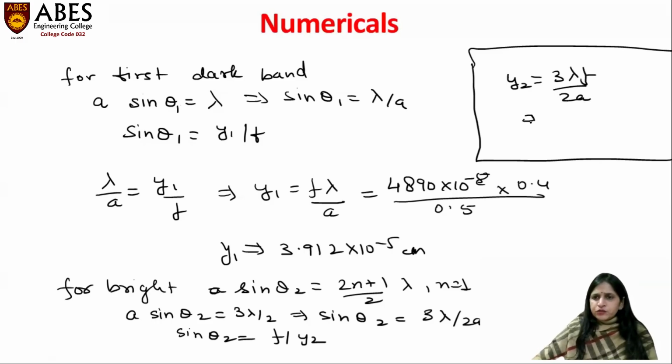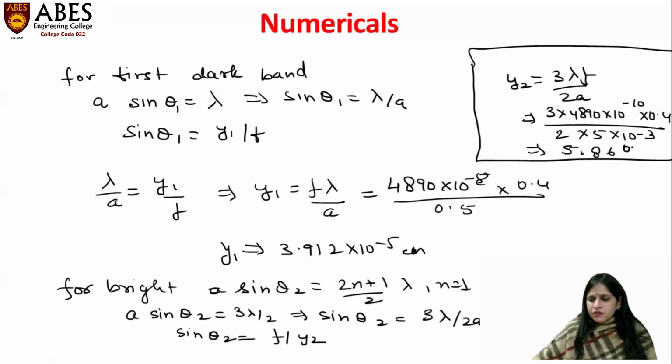After substituting the values, 3 into 5890 into 10 to the power minus 8 into 0.4 upon 2 into 5 into 10 to the power minus 3, the answer after solving is 5.860 into 10 to the power minus 5.